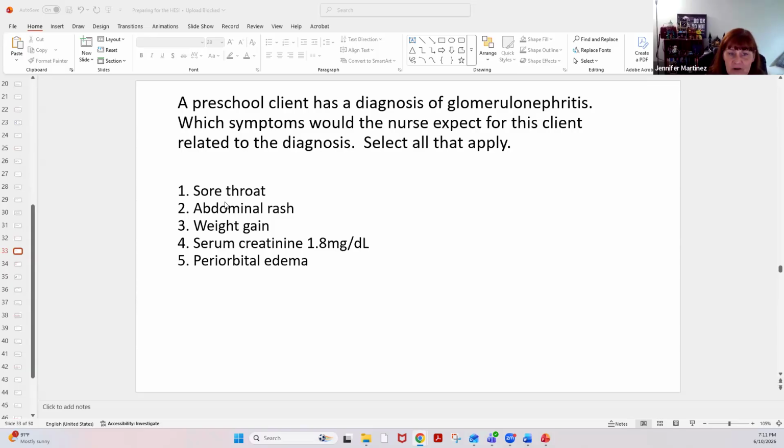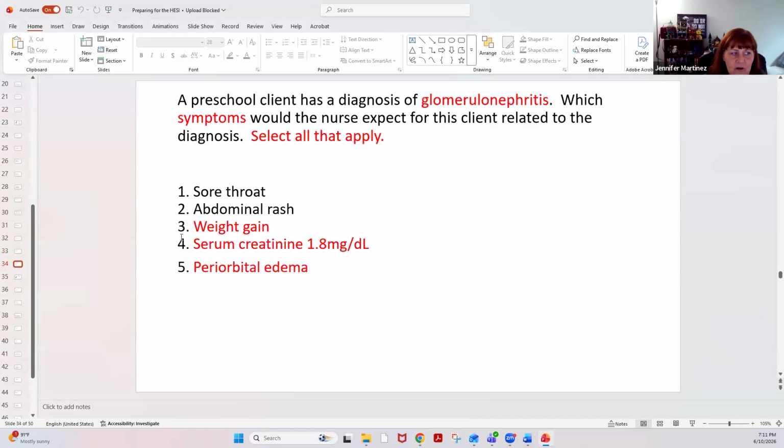That's a strep infection, but this is occurring 2 to 3 weeks afterwards. So the sore throat and the abdominal rash would be gone at this point. They'll have weight gain, their creatinine will be elevated, and they'll have periorbital edema.